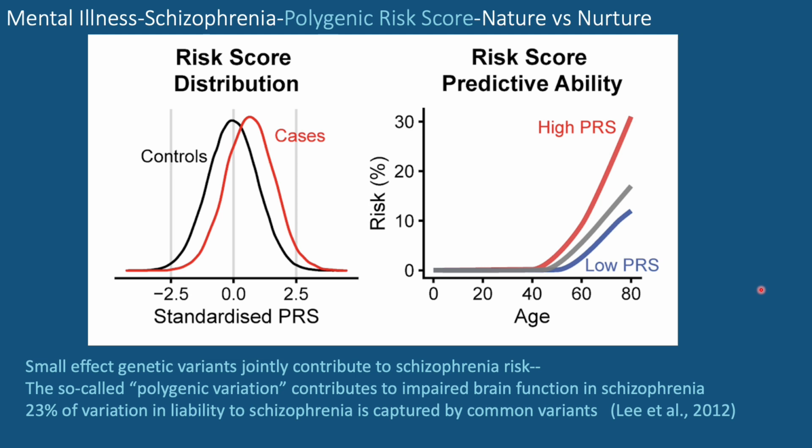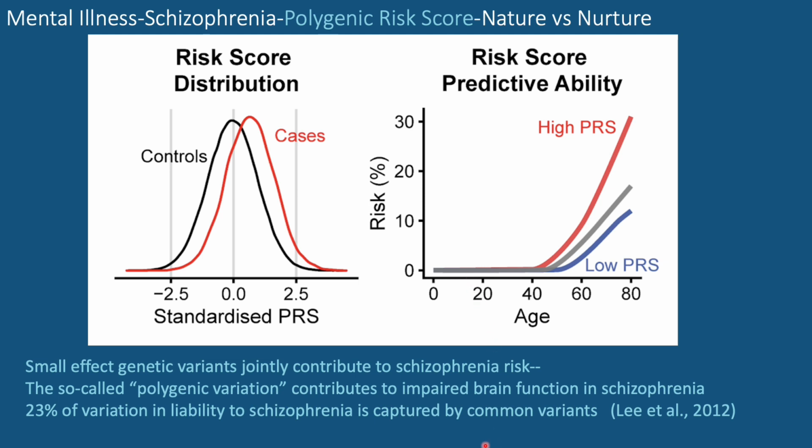Young people can have a high polygenic risk score for coronary artery disease, but at the same time, coronary artery disease is a disease of older ages, and so the predictive ability of the PRS for coronary artery disease will be higher for people that are older than for people that are younger.